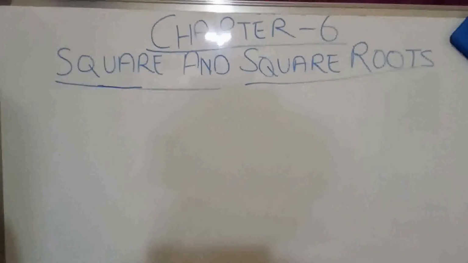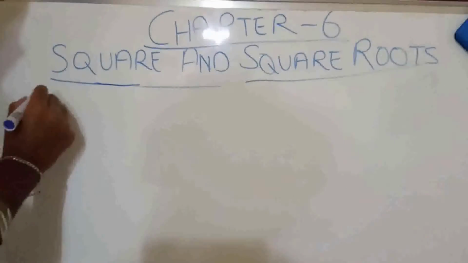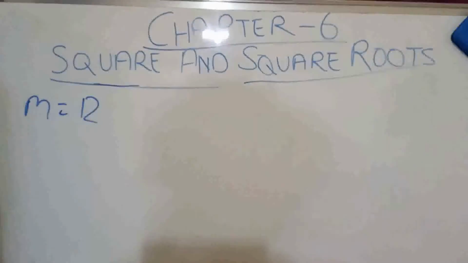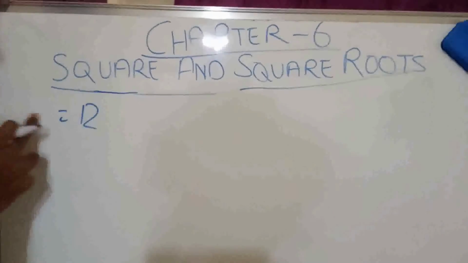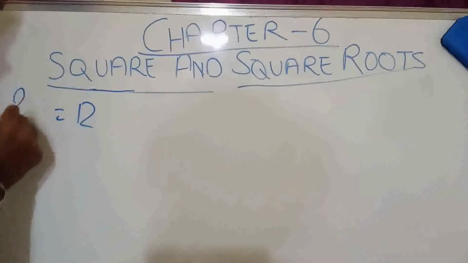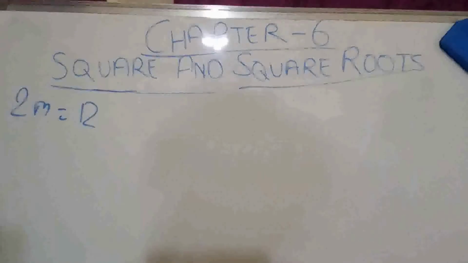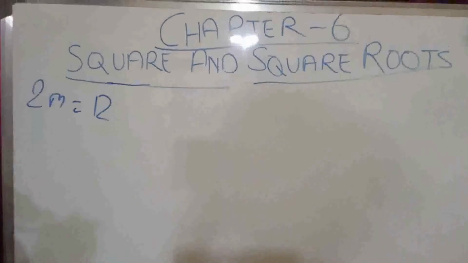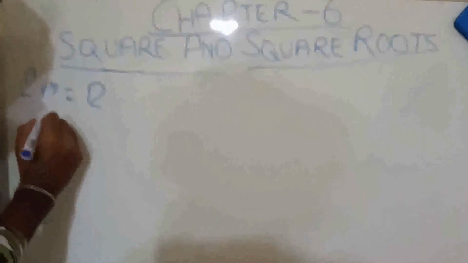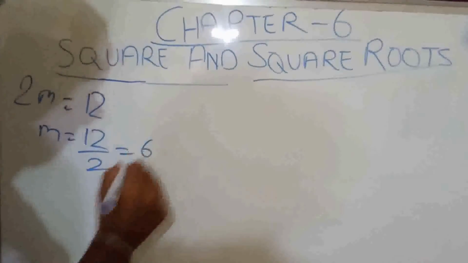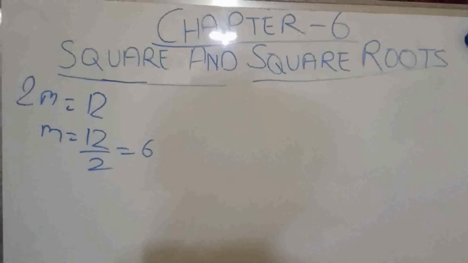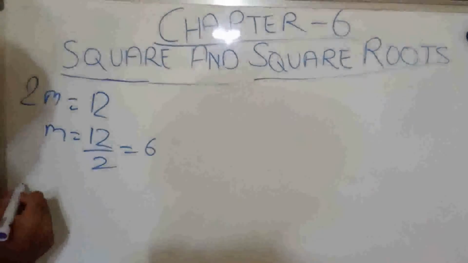Now for example, they gave you the number 12. You can take the number as 2m. So here 12 is going to be the smallest number. So m will be 12 by 2, that is equal to 6. Now with m, you can find the two other numbers also.